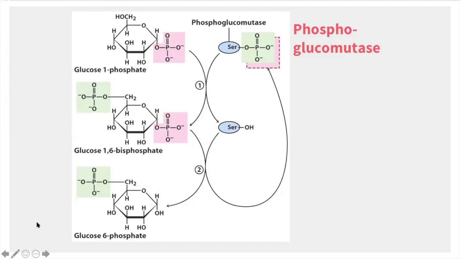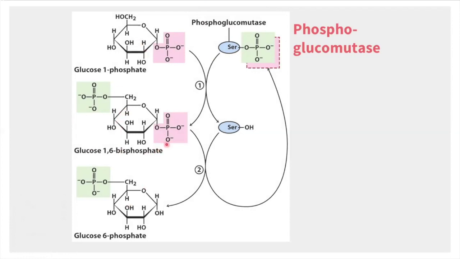Coming from the phosphate here, from the serine residue of your enzyme, it will transfer it to your glucose 1-phosphate sa 6th position.